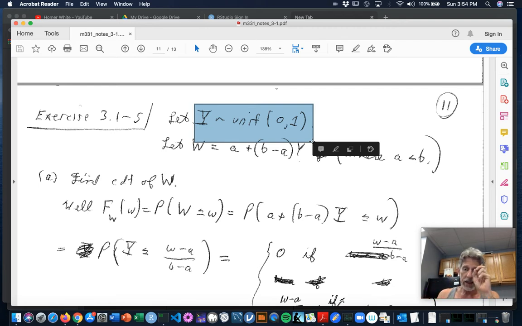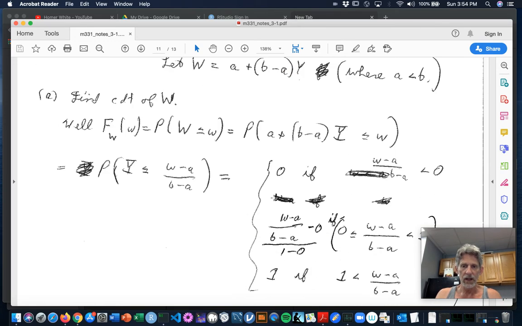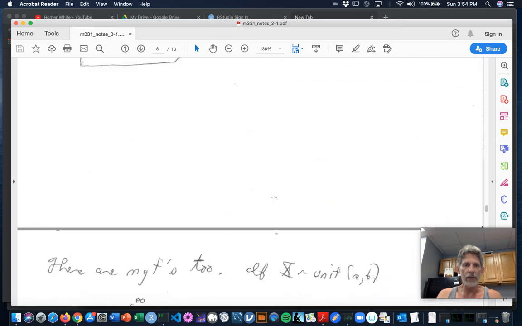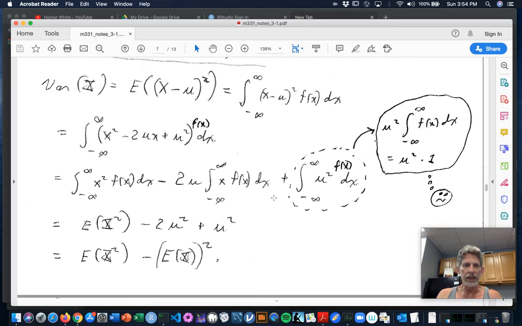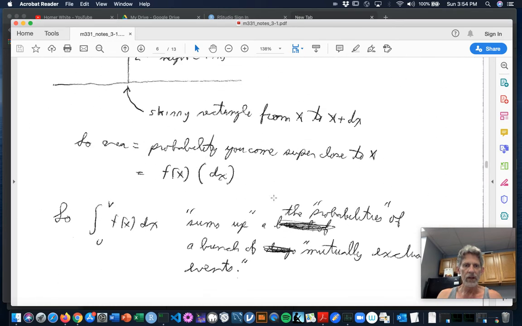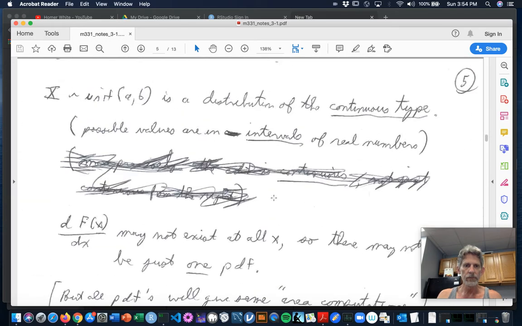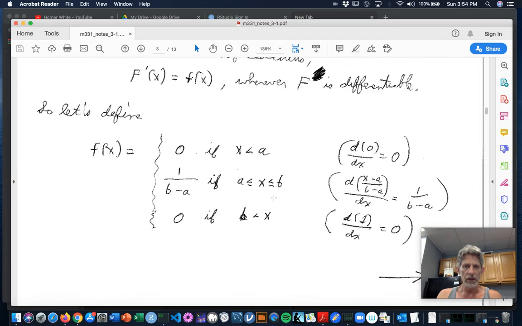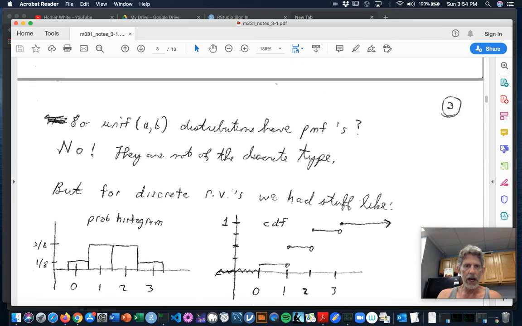And so when I think about the CDF, I'm going to go back to the CDF for a uniform 0, 1. So let's see what we can do here. Tell you what, I'll just head back way up to the CDF for a uniform 0, 1.